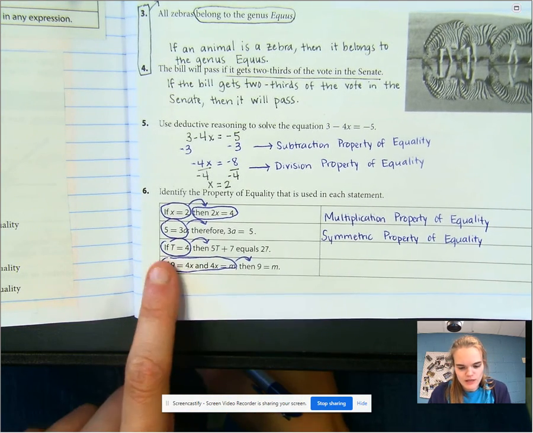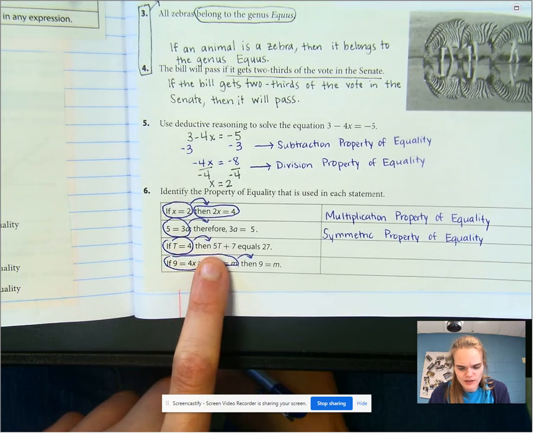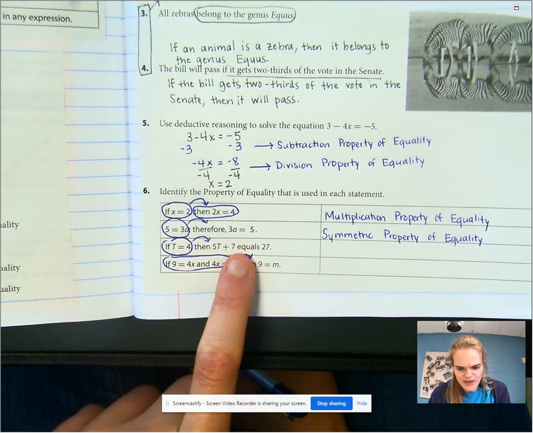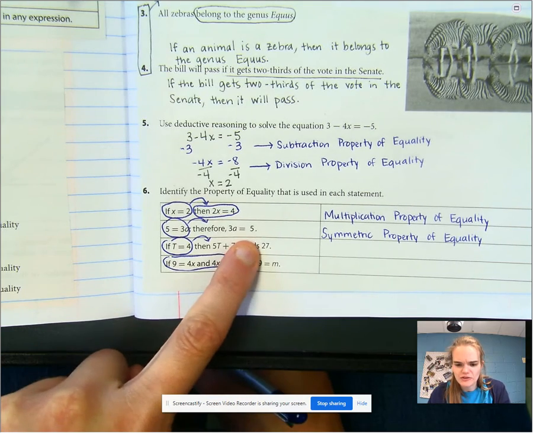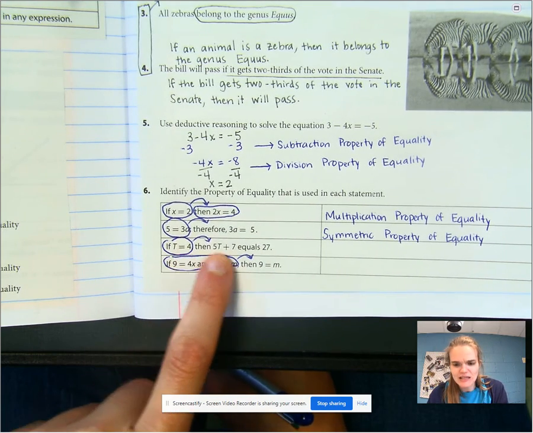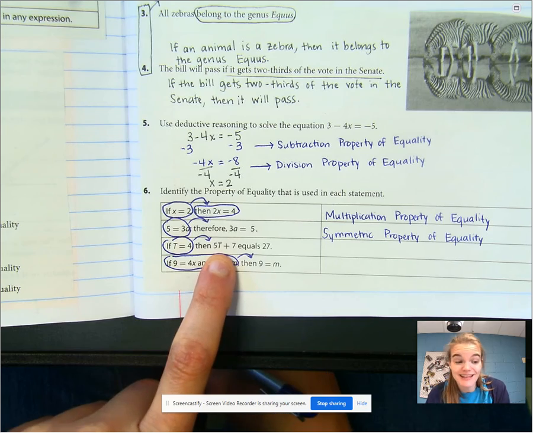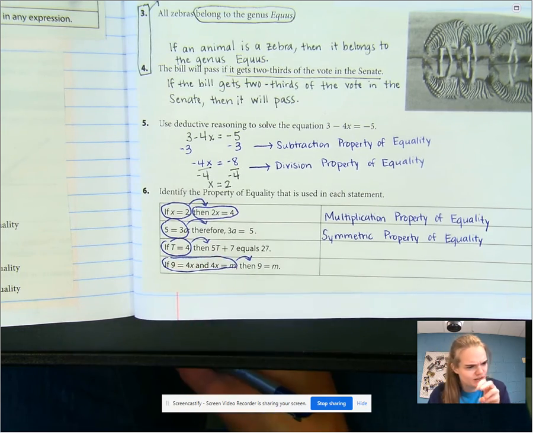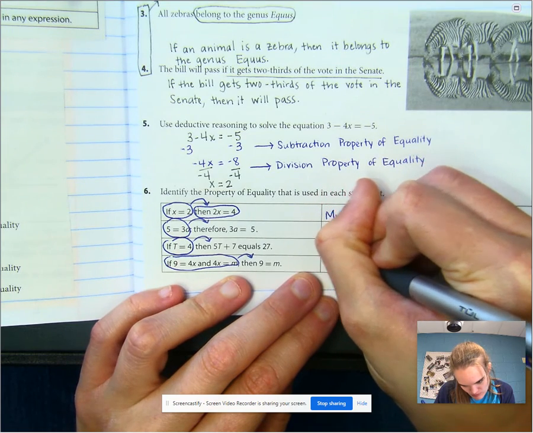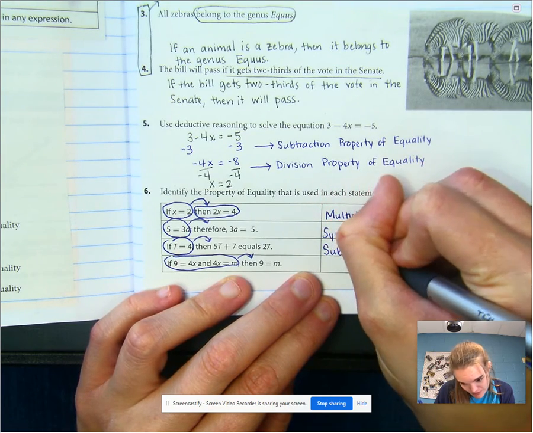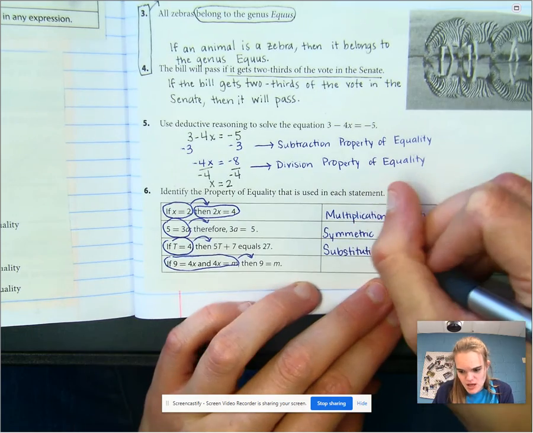The next one. If t equals 4, then 5t plus 7 equals 27. Well, to find that it equals 27, what do you think they did with that t here? They probably plugged it in. Well, which one is plugging it in? I believe that's substitution. Notice I said I believe, like somehow I don't know.